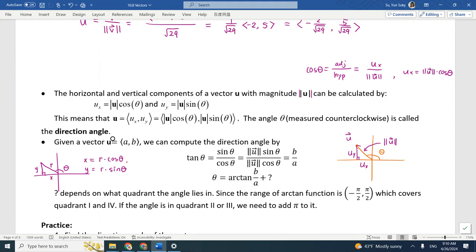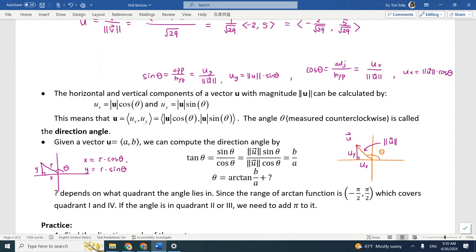So we know sine theta is opposite over hypotenuse. Opposite is uy, hypotenuse is the magnitude of u. Therefore, uy is the magnitude of u times sine theta.